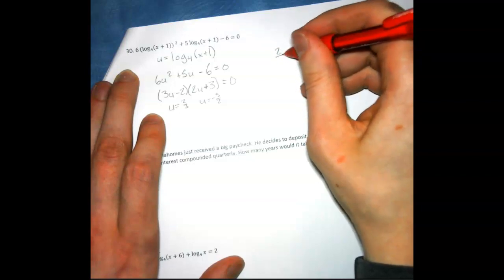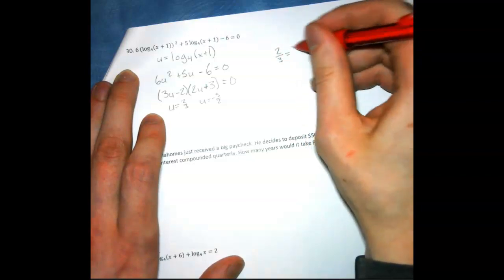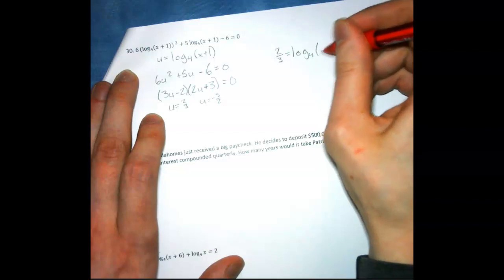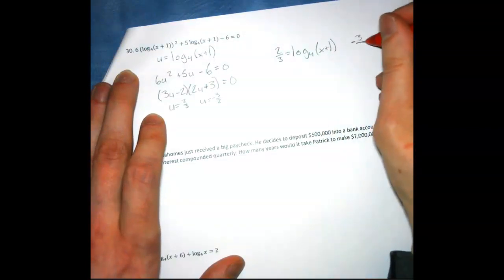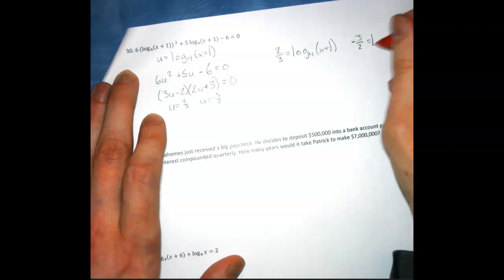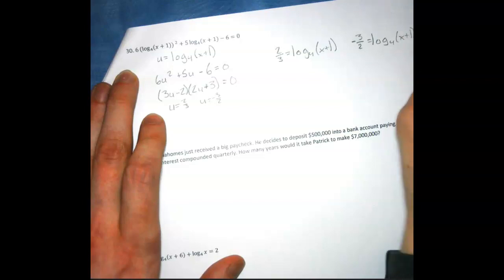So we'll have 2/3 equals log base 4 of x plus 1 and -3/2 equals log base 4 of x plus 1.